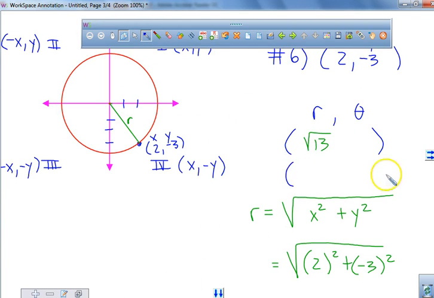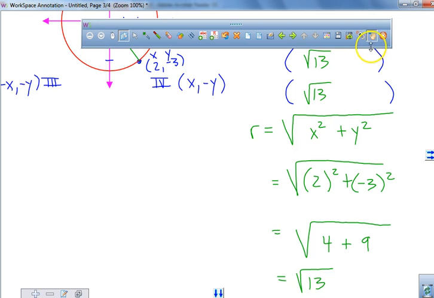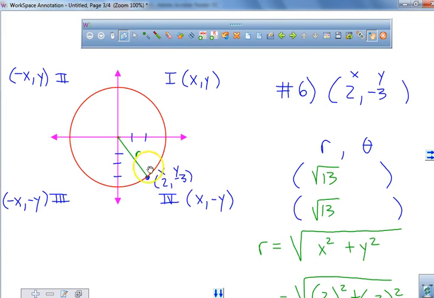Whether it's in radians or degrees, the square root of 13 is the distance of r from the center. Hopefully you can see we are in quadrant 4, where x is positive but y is negative.